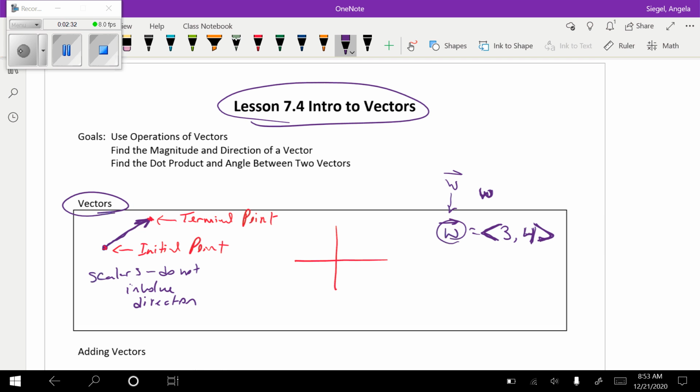If we have our terminal point at 3, 4, this is going to look very familiar to you. The only difference is that now we include the arrow, and that means we are interested in the direction. Again, initial point here, terminal point here, it stops. It is not to be confused with a ray.